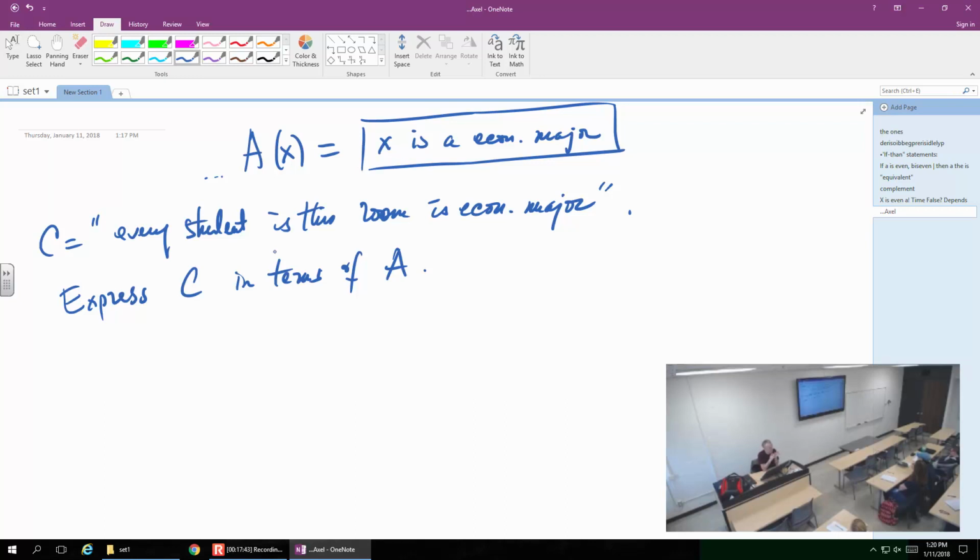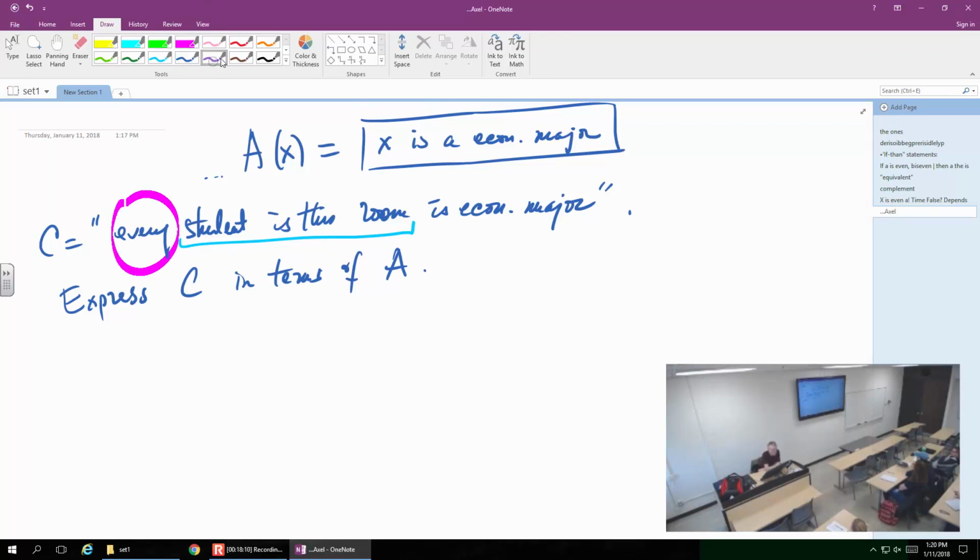We are pursuing a slightly different angle here, and then we have to put something to restrict our attention on the X's. So indeed, X has to be a student in this room, but the crucial word here is every.